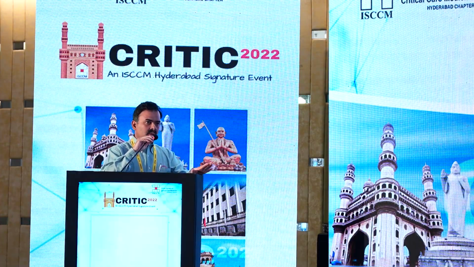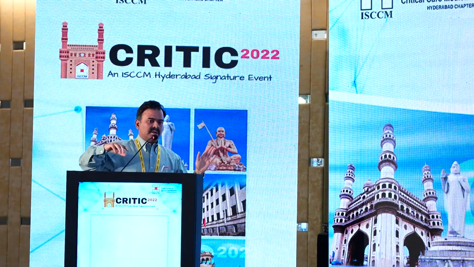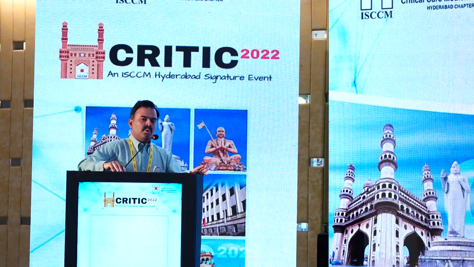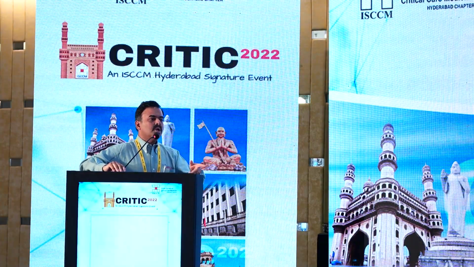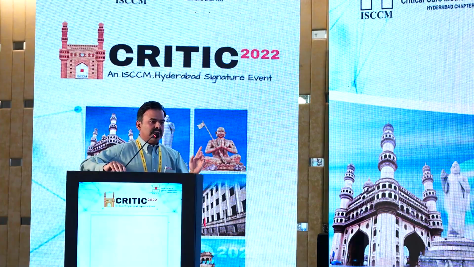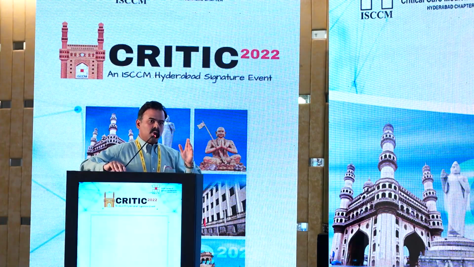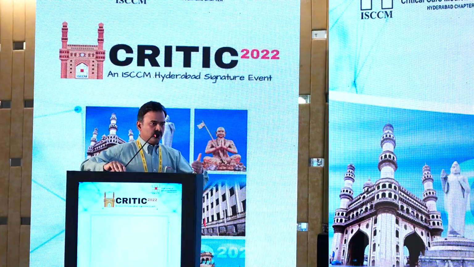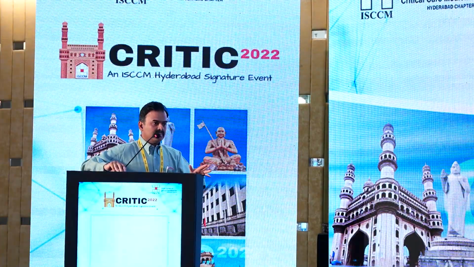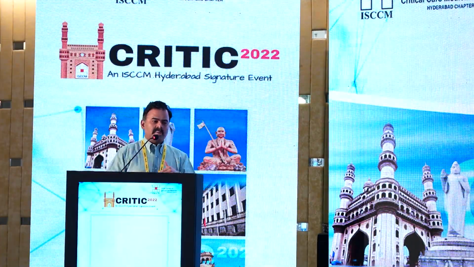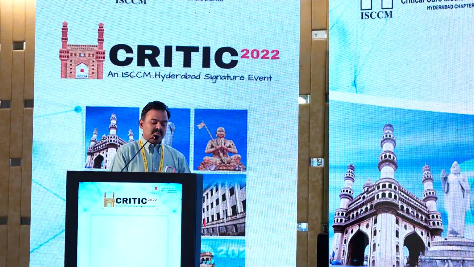Now, as far as the second question is concerned, this is what I was trying to talk about. When you are using flows more than necessary, you will be increasing the afterload on the native heart. So the answer is you always use the lowest flow that is required to keep your perfusion okay, as per your clinical practice.